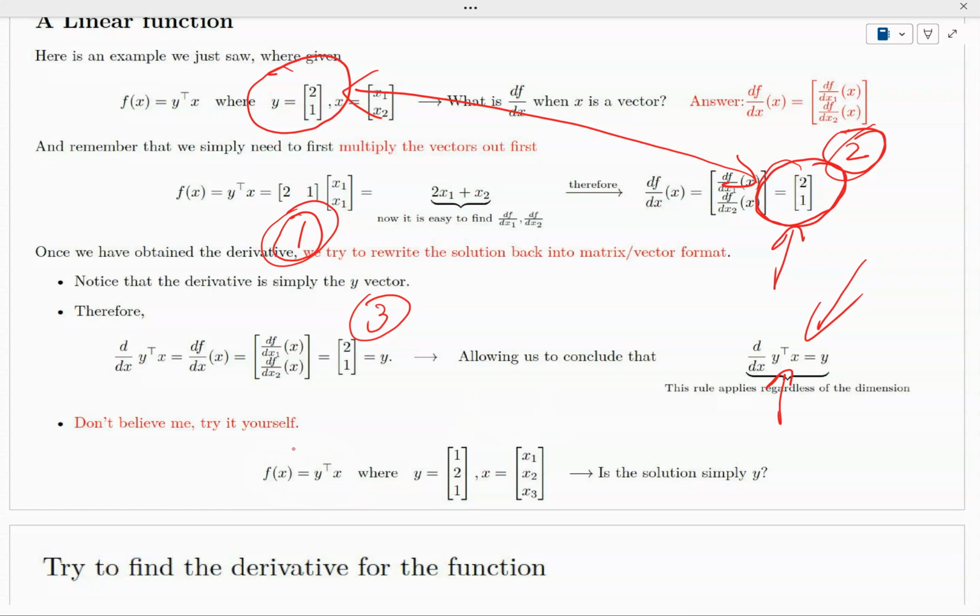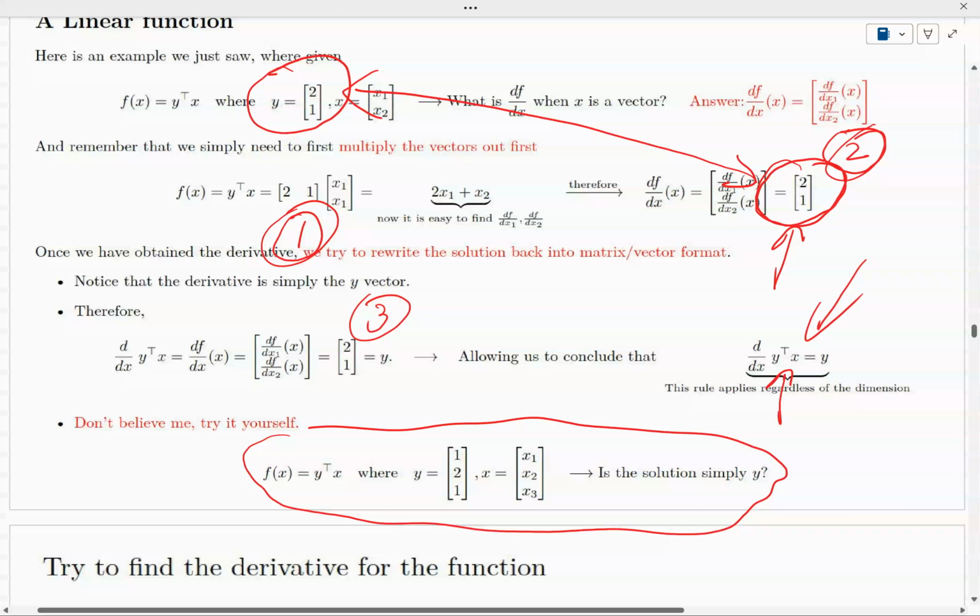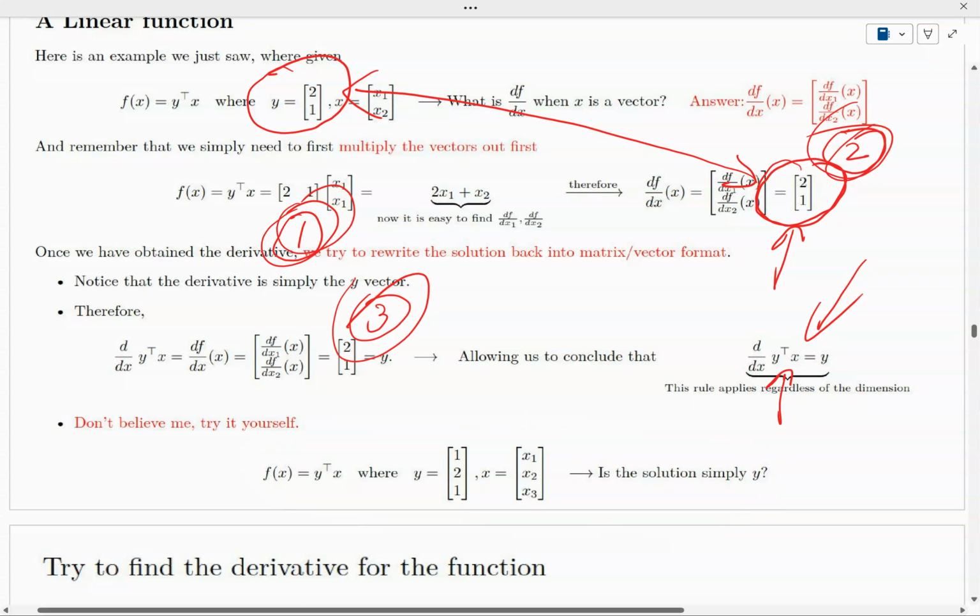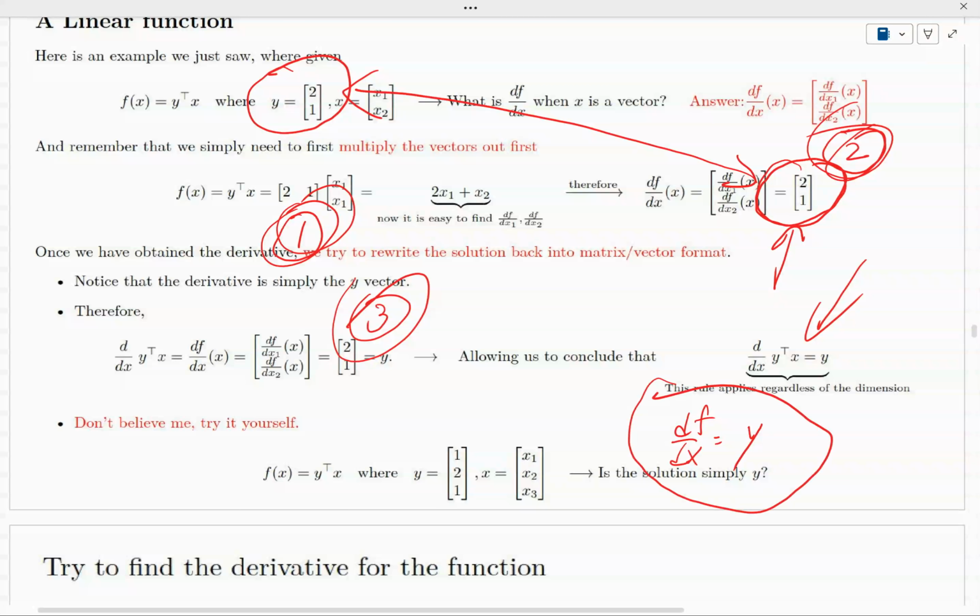I want you to pause, follow steps one, two, three, and you will see that the solution df dx is simply y. Use the steps 1, 2, 3 we just did and see if you can arrive at this conclusion. Hopefully this will convince you that whenever you see this and you want to take the derivative, you simply get rid of the x portion.